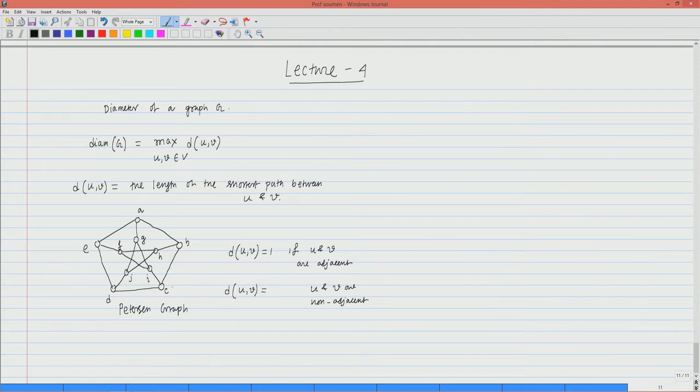For example, D and B are two non-adjacent vertices, and there are many paths between D and B. For example, this is a path D J H B, a path of length 3.